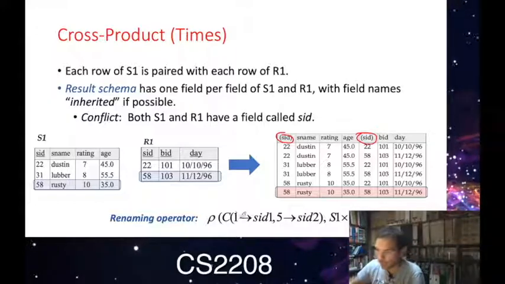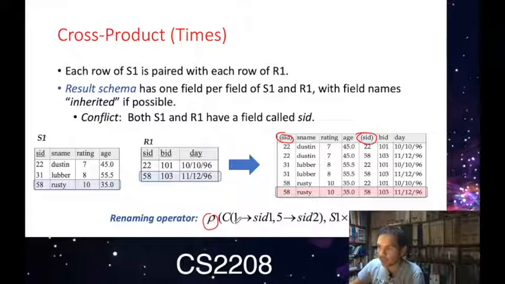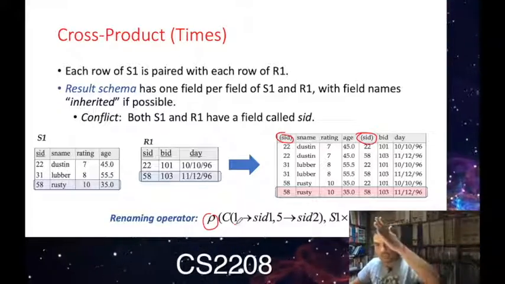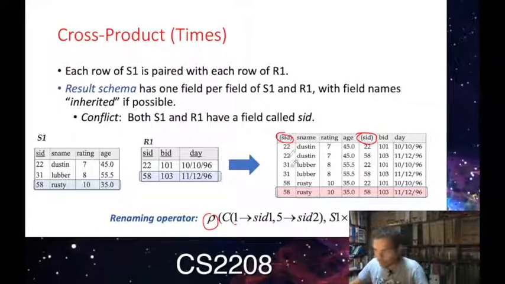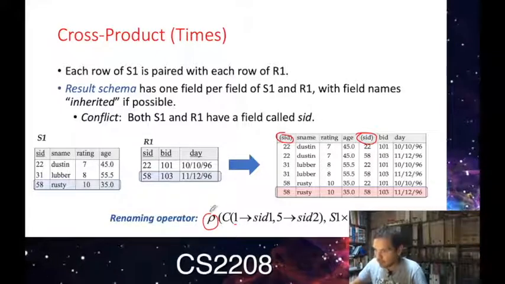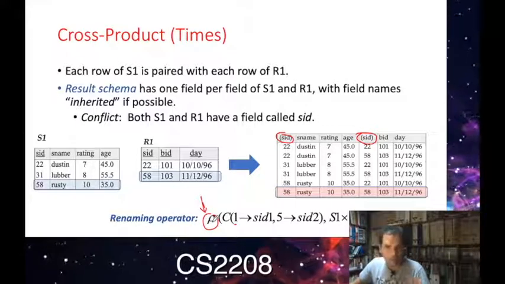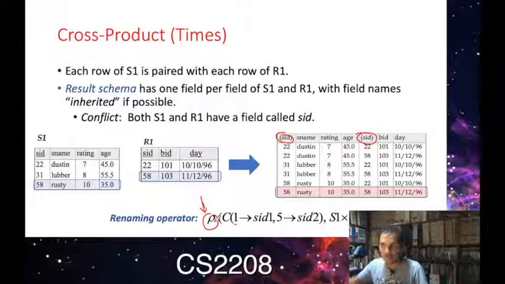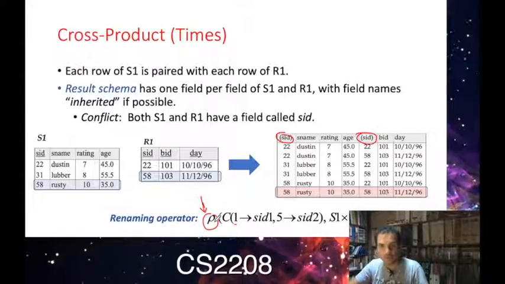Basically we can use the rename operator, and in this particular example we rename using the number of the attribute. I'm not going to be using the rename operator a lot in the future, but at least you get an idea of how we use it.